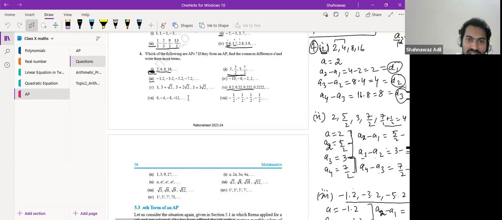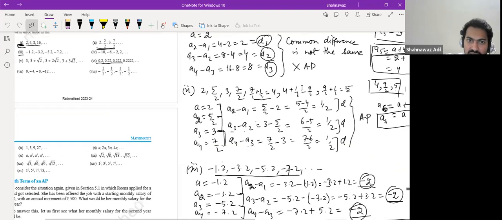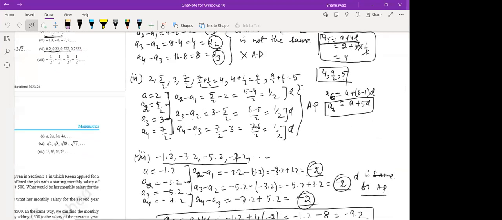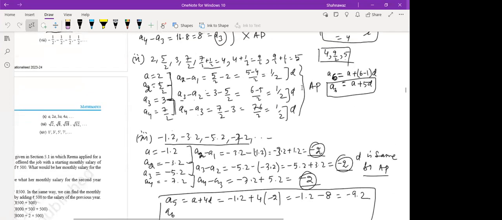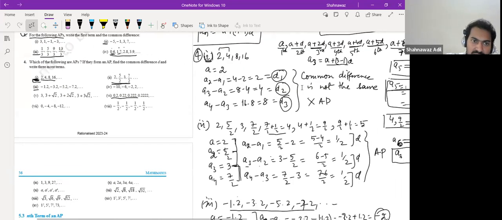So let us do this question, the third one. Did you guys note down these parts? Did you guys note down these questions? Okay, so let us do this third question.